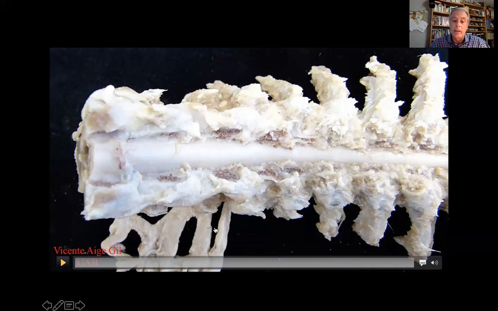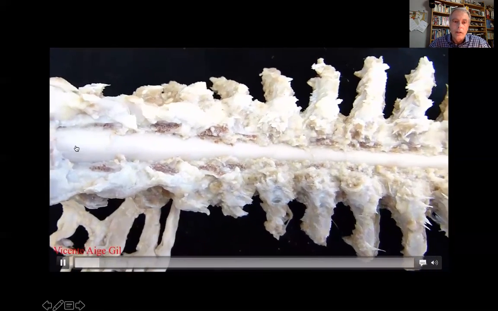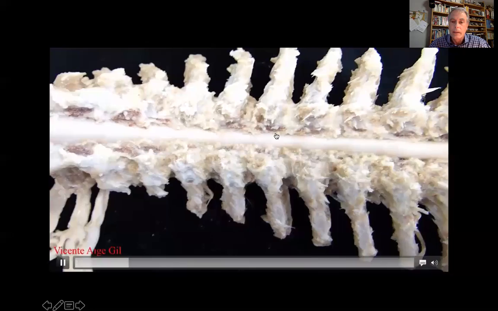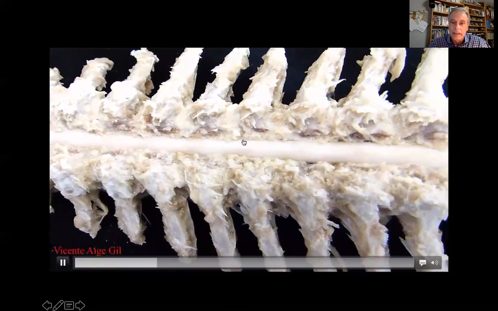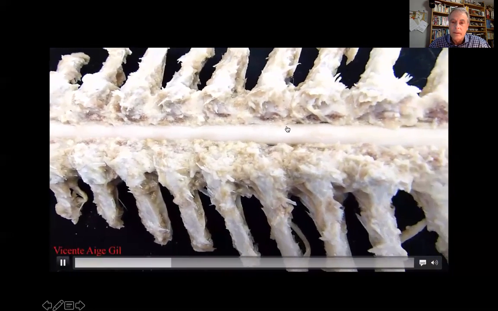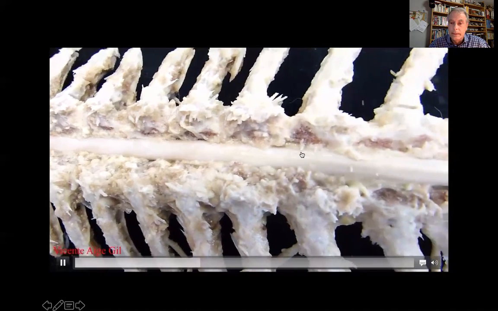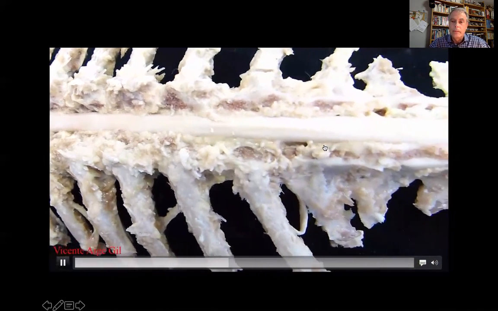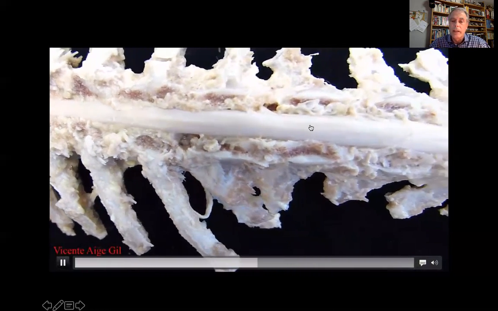We see at the level of the brachial plexus, the spinal cord is surrounded by the meninges. We see the epidural fat. Epidural fat here. So we are at the thoracic level and we are progressing to the lumbar level.